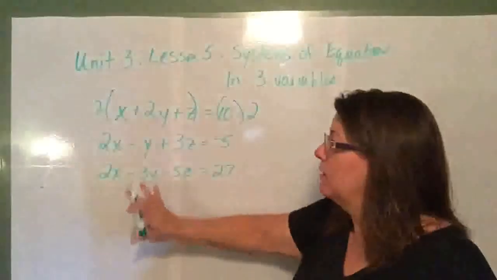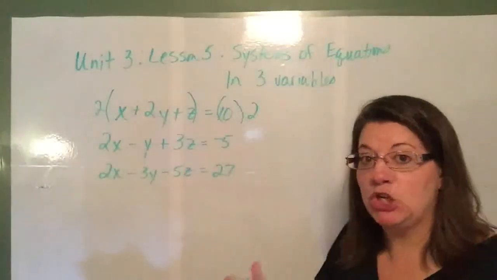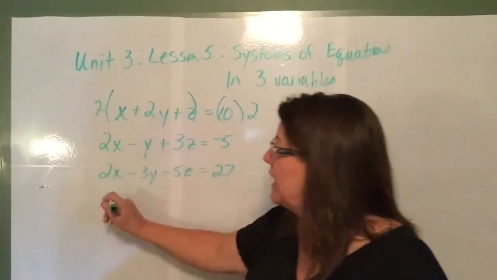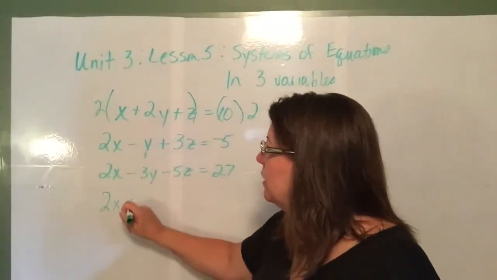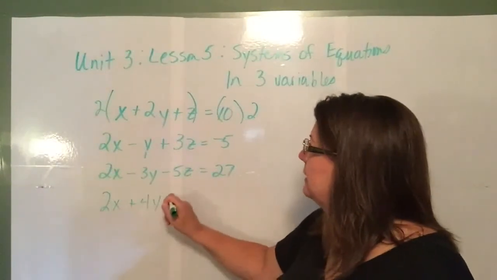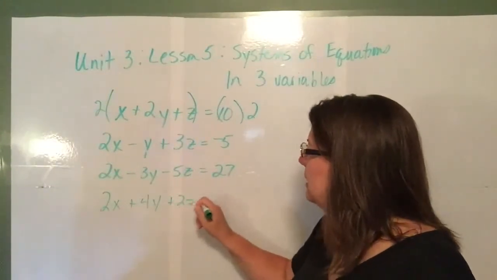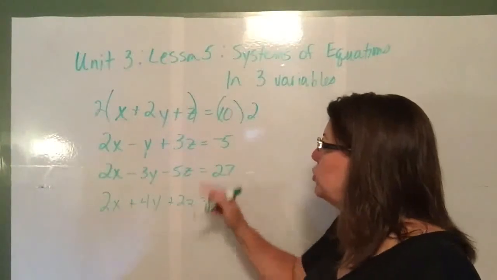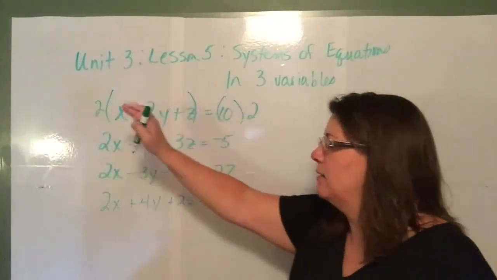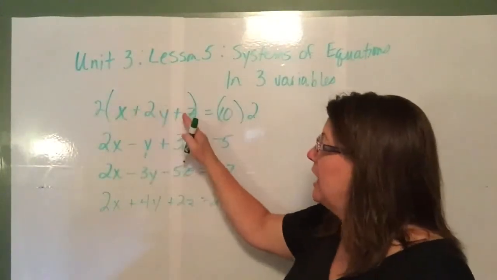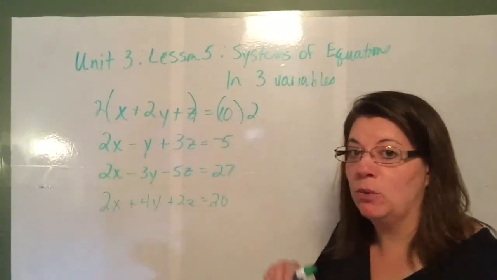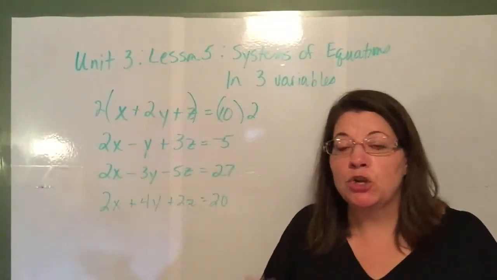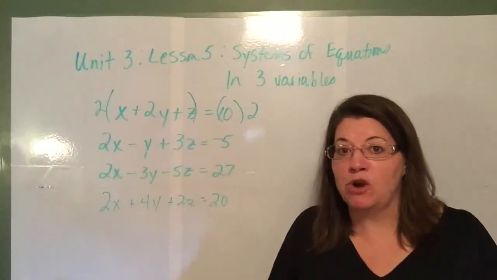I'm going to now consider it having a 2 in front of the x. So if I do that, I have 2x plus 4y plus 2z equals 20. Make sure you multiply by 2 all 3 of the terms on the left and the term on the right. If you don't multiply everything by that 2, you're going to change the value of the problem and you'll get the wrong answer.